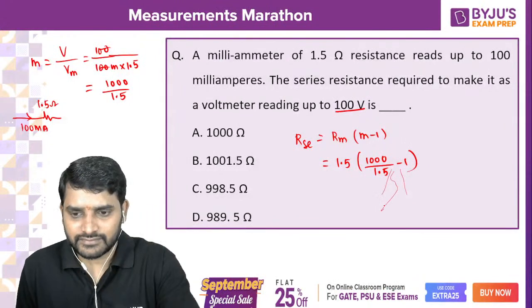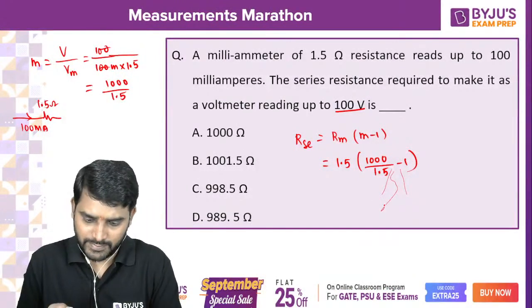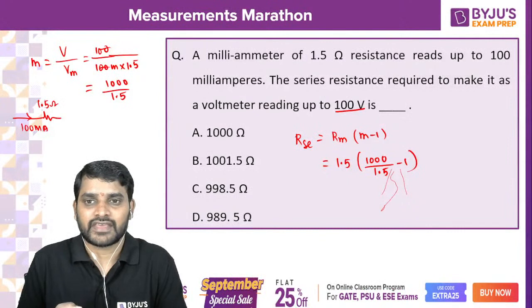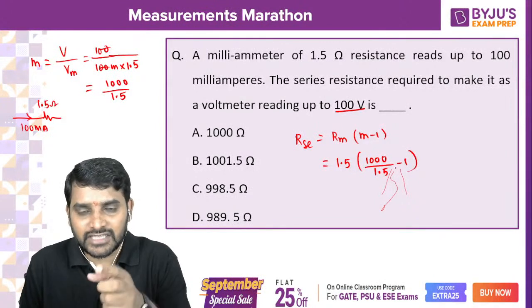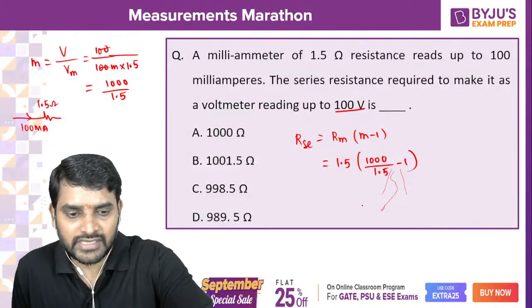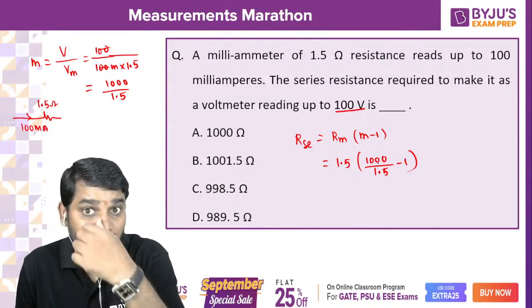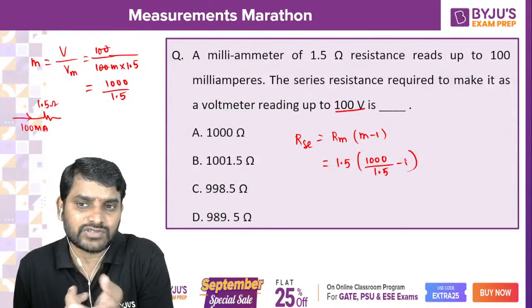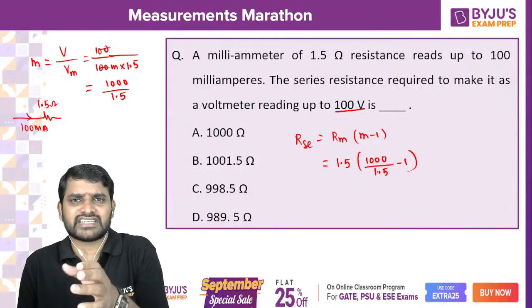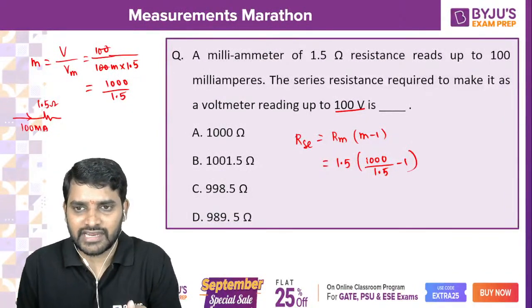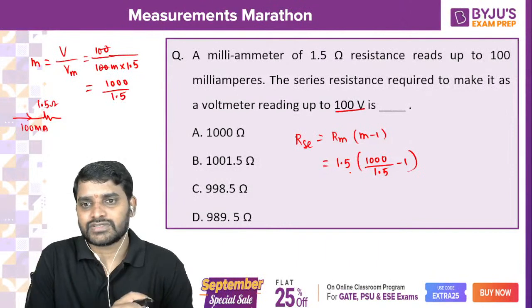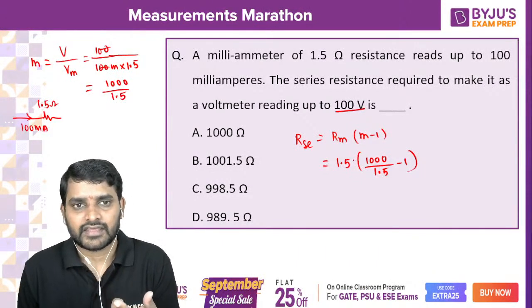Definitely, this 1000 divided by 1.5 will not be greater than 1000. It will be less than 1000 only. Less than 1000 minus 1. So almost you are going to get near to 1000. So that value into 1.5. So can you tell me what this is?